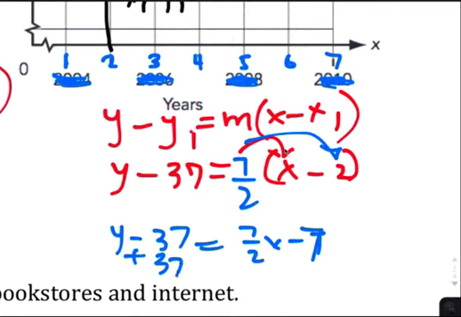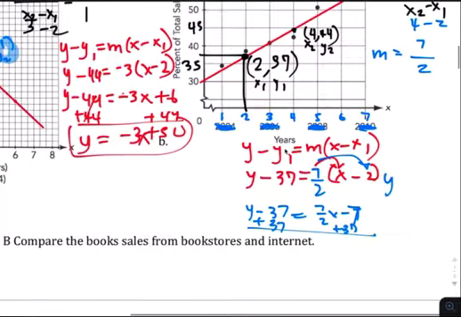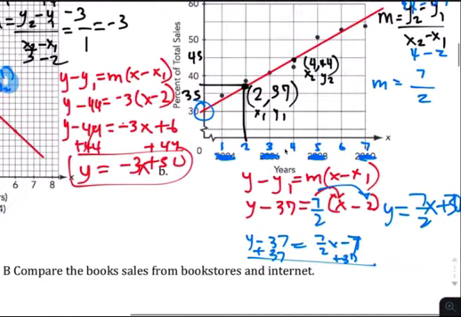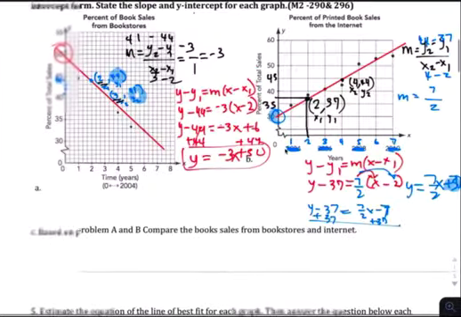Add 37, you get y equals 7 over 2x plus 30. And yep, look, y-intercept is at 30. And it says 30 here. Hey! Yep.